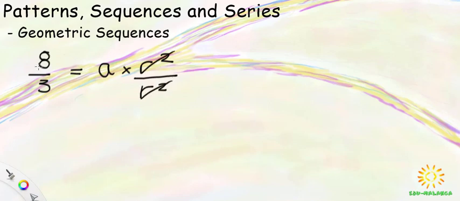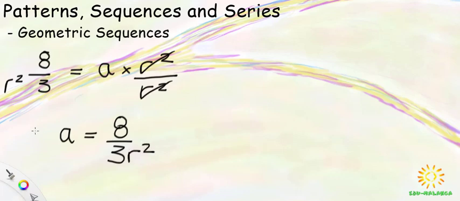And because we're dealing with an equation, what we do on this side of the equation, we also have to do on that side. So on this side, we're also going to divide again by R squared. That means we're going to have R squared at the bottom here. It's going to multiply the denominator, which is 3. The expression will then be A is equal to 8 over 3R squared.